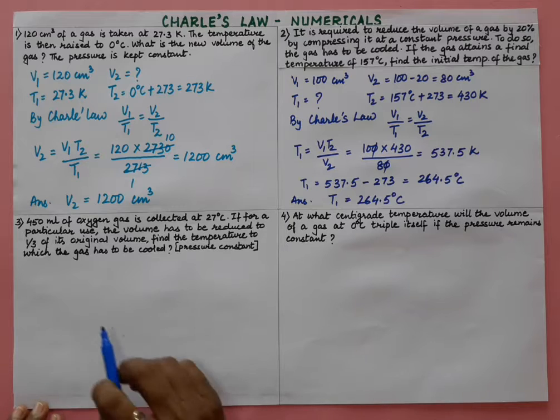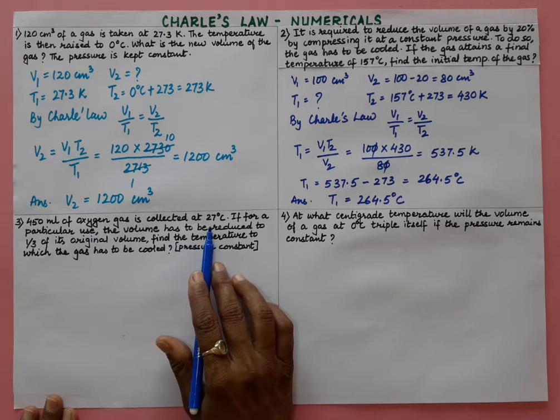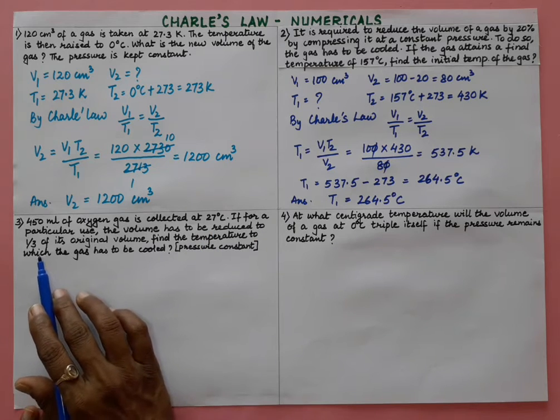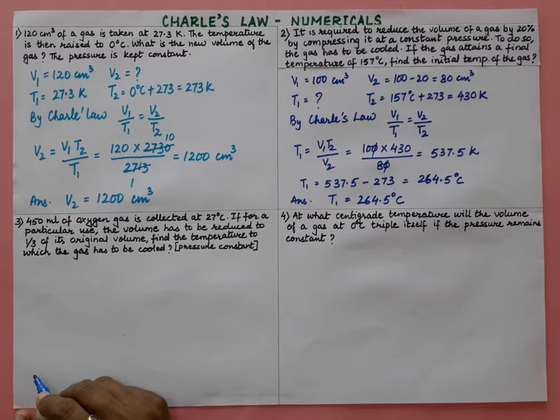Now next: 450 ml of oxygen gas is collected at 27 degrees Celsius. If for a particular use the volume has to be reduced to 1/3 of its original volume, find the temperature to which the gas has to be cooled.